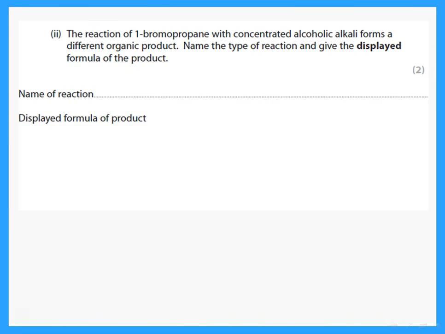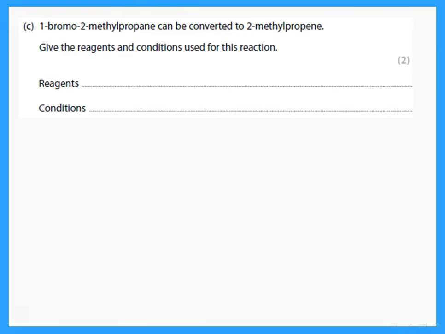The reaction of 1-bromopropane with concentrated alcoholic alkali forms a different organic product. Name the type of reaction. So when we have a bromopropane with alcoholic alkali, we said this is called elimination, and what we have is the alkene, not substitution of the Br with OH.